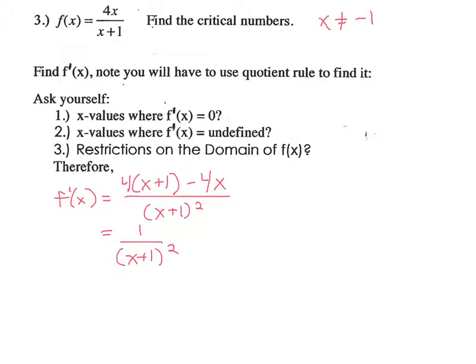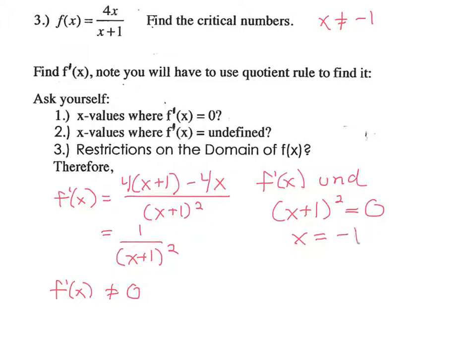Okay, so now if I take a look at my derivative, this derivative will not equal 0 anywhere because if I set it equal to 0, I'll get 1 equals 0. However, this derivative will be undefined whenever the denominator equals 0. So f prime of x will be undefined when x plus 1 squared equals 0. So that would be x equals negative 1.